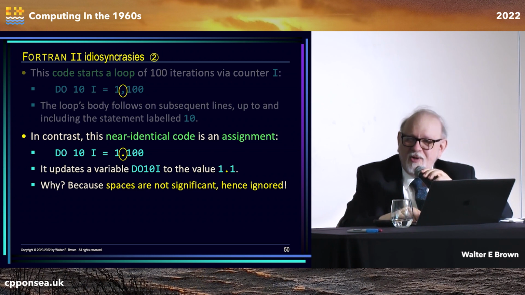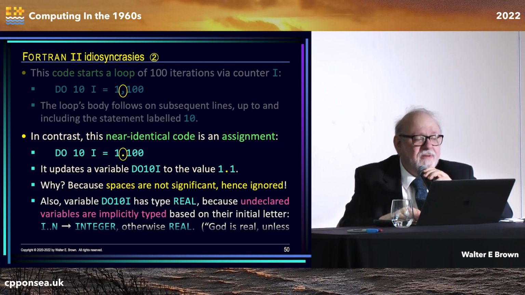Idiosyncratic, yeah, that's one way of explaining it. By the way, that variable, do10i, is going to have type real, because variables that weren't declared were implicitly typed based on how you spelled them.